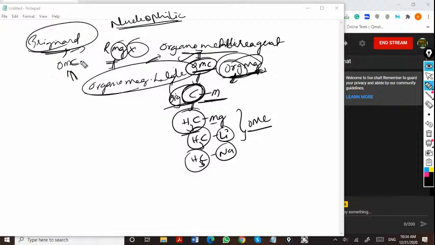We will see different kinds of organometallic reagents, but this is the most repetitive reagent, because it has extensive applications in the synthesis of different compounds: synthesis of alcohols, acids, esters, ketones, different amines, and so much more.